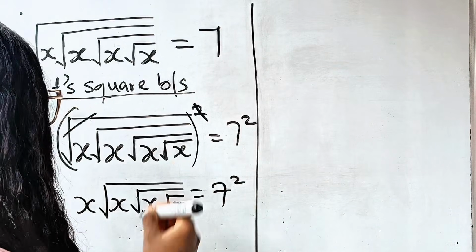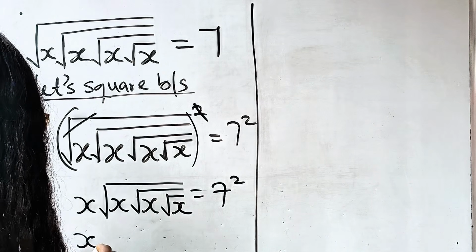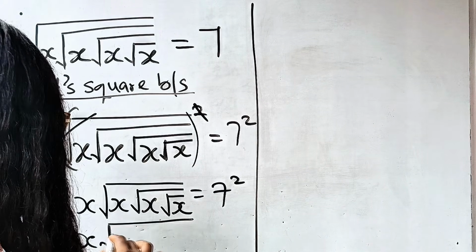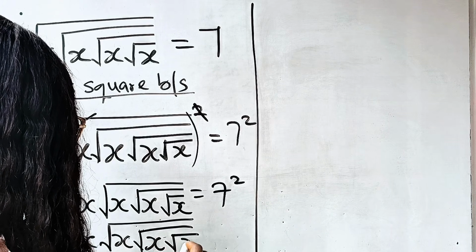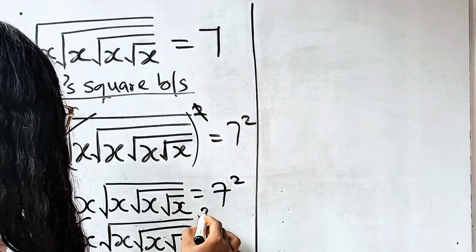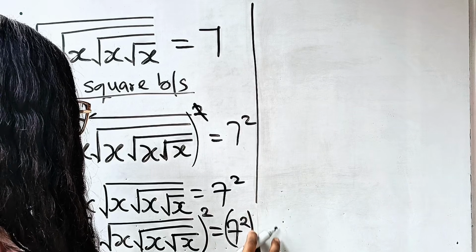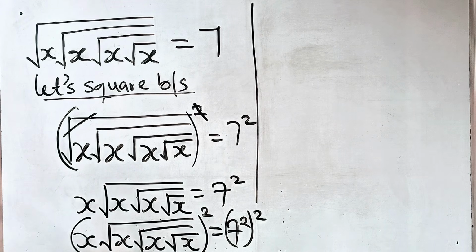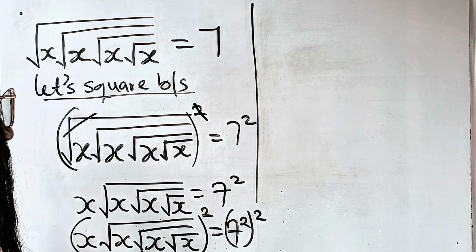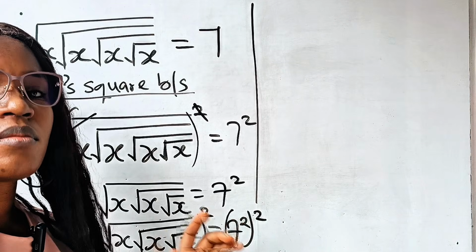Thank you very much. So we are going to square both sides again. If we do that, we have x root x root x root x all squared is equal to 7 to the power of 2 raised to the power of 2. This is where you need to be careful, because this is where some of us will make mistakes.